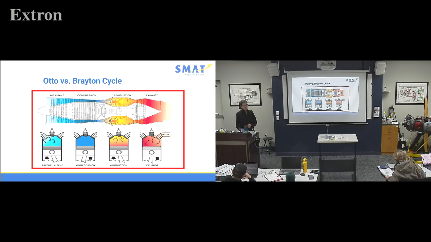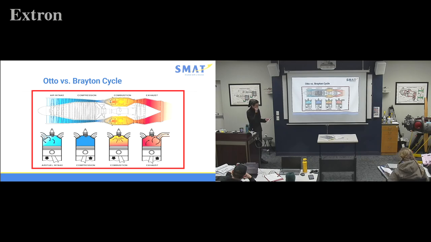I probably won't get to it today, but there will be a lab question asking you to describe pressure and volume changes throughout the engine for the Brayton cycle. I'm going to talk through it now, so pay attention. If you have questions, ask them. So when you write it in your own words, to the best of your knowledge in your lab, you will hopefully get a passing grade.